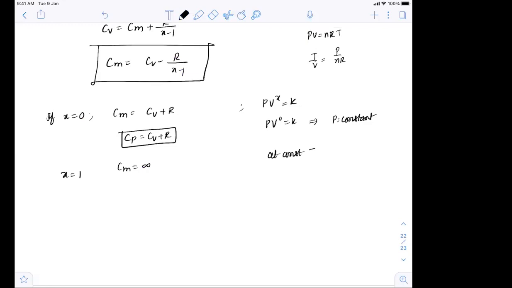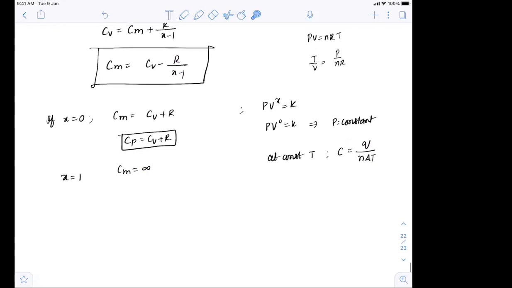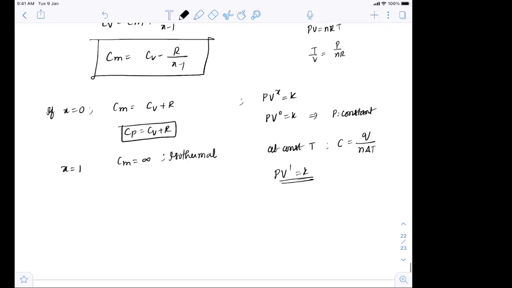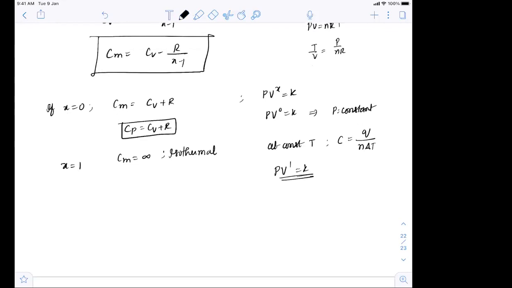At constant temperature, we know that we cannot define C, because C is equal to heat given by n into delta T. If temperature is not changing, we cannot define C. So for isothermal process, we cannot define heat capacity. So this is for the isothermal process. And you can check it out. At isothermal process, PV power 1 is equal to constant. That is also proven. And earlier, this was for the isobaric process.